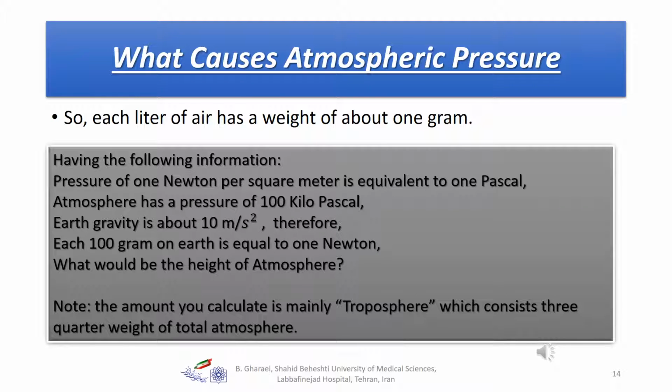I'm sure you could calculate the weight of 1 liter of the air. As you know, air consists of oxygen and nitrogen.